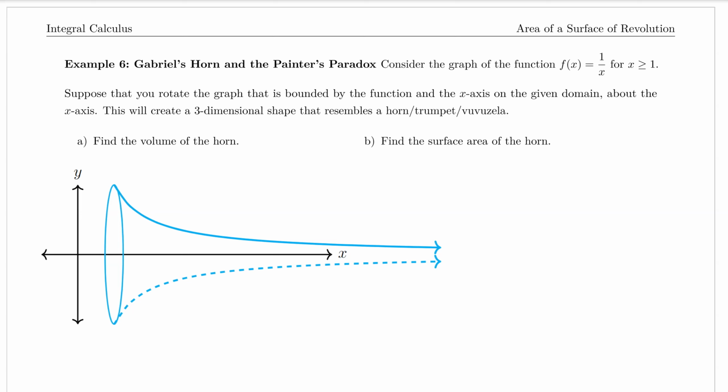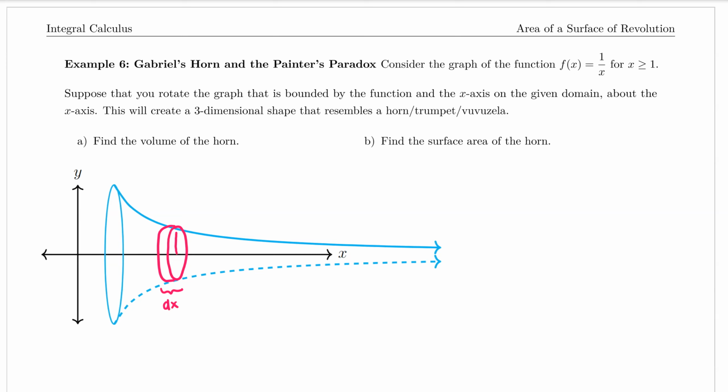Part A of this example wants us to find the volume of the horn. And it might have been a while since we've utilized this, but when we're finding volumes of solids of rotation, in this case, we're going to end up using the disk method. So I'm going to draw a disk here, and it's going to have some thickness to it. And the thickness we can call dx or delta x.